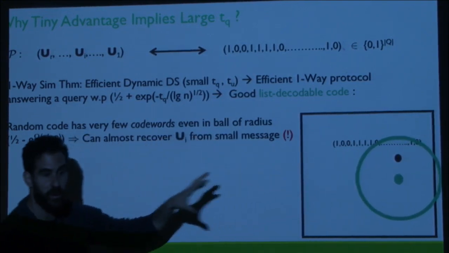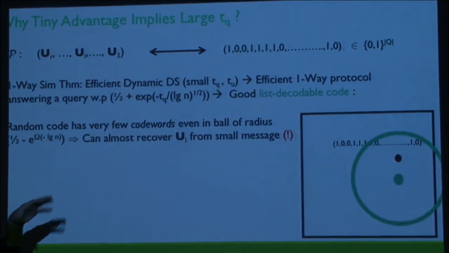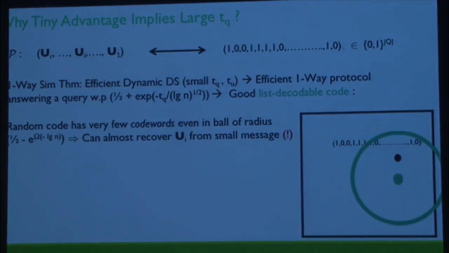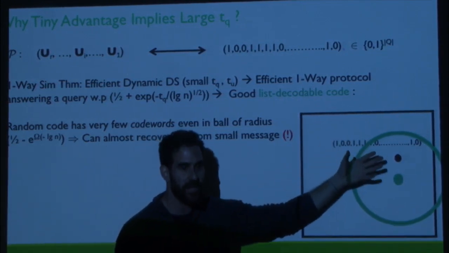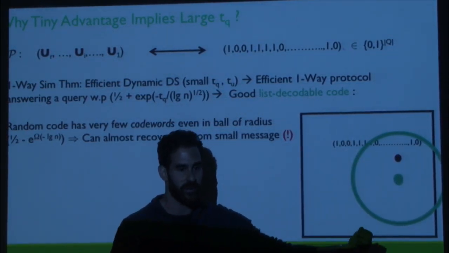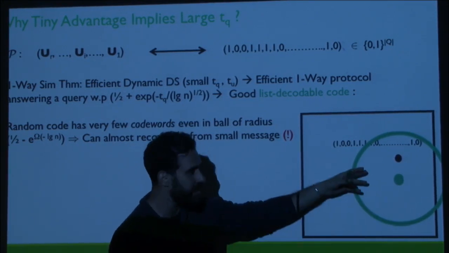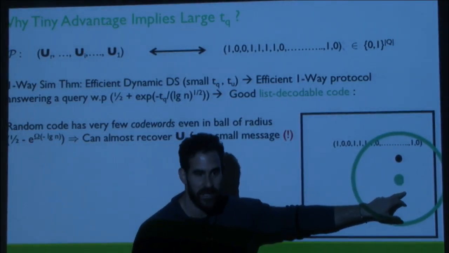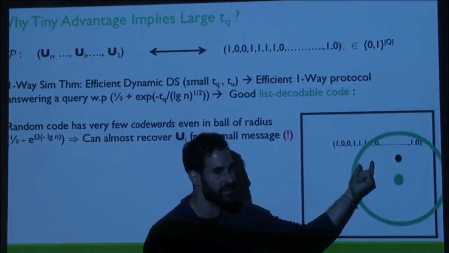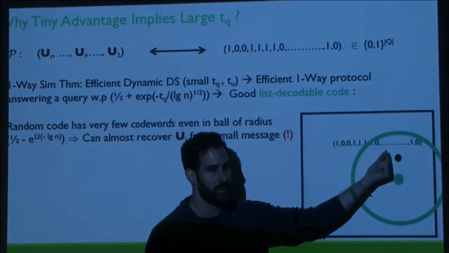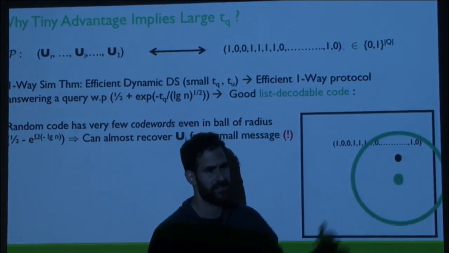And we know that, for a random code, we cannot have more than about 1 over epsilon squared potential candidates in this ball, right? So is that clear? What I'm saying is that if your problem looks like a random code, the truth table of the answers, then decoding the exact thing, or recovering the true values of only a tiny fraction, let's say a polynomially small fraction beyond half, is almost the same.